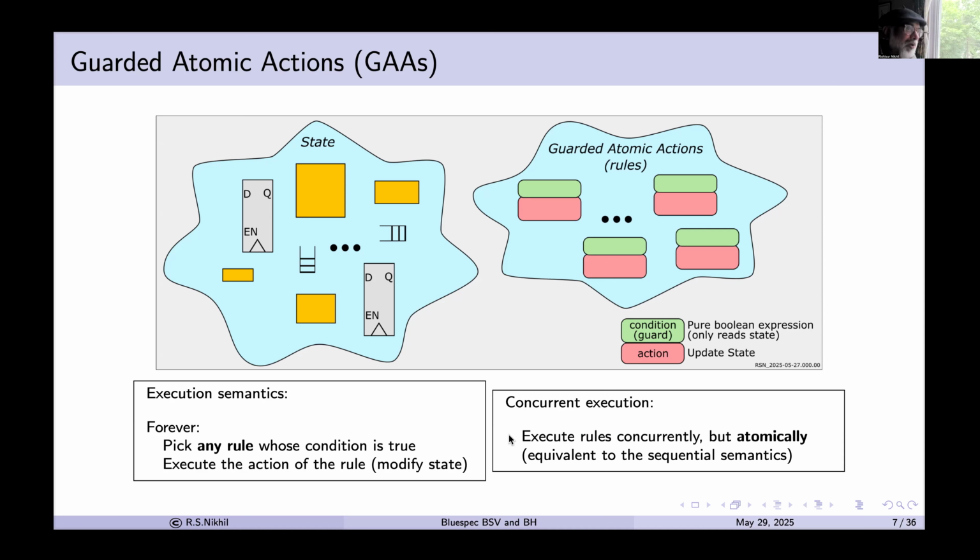And by atomically, what you mean is that the actions of this rule must entirely precede the actions of that rule, or vice versa, so that you never have to worry about interleaving of the actions of rules. So as long as you do things atomically, you can execute it concurrently, but for reasoning about correctness, it's fine to think of it even sequentially as one rule at a time.